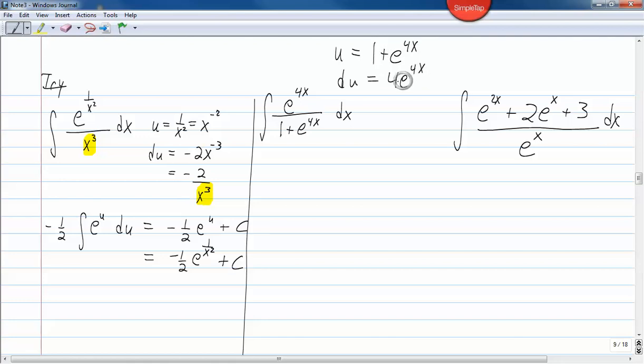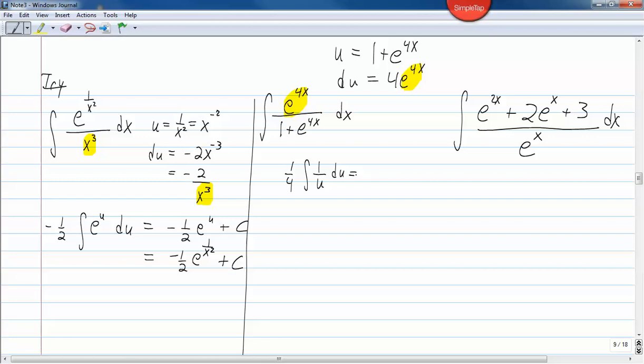I have this du. If you look, this part here is already present. It's there in the numerator. The only thing I have to do is adjust for that 4. So bring out a 1/4, and now this is in the form 1 over u du, because I let the entire denominator be my u.